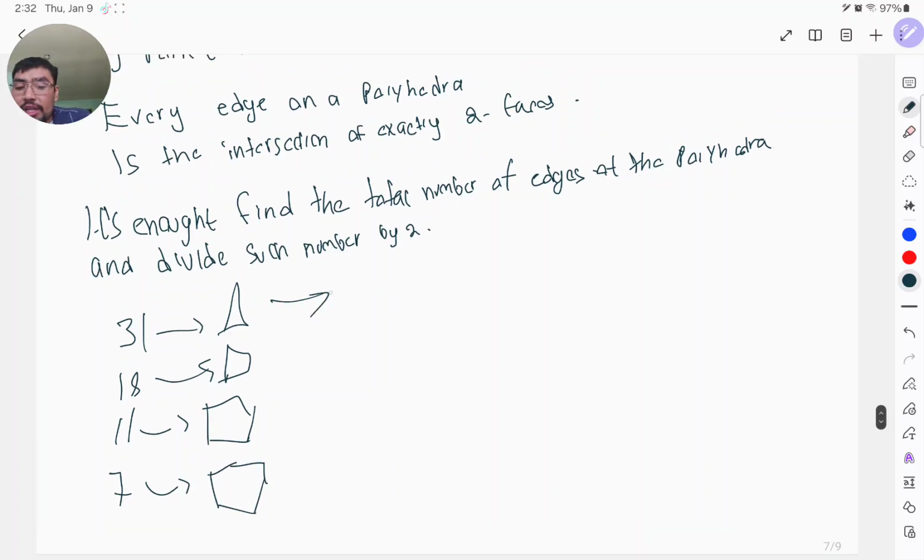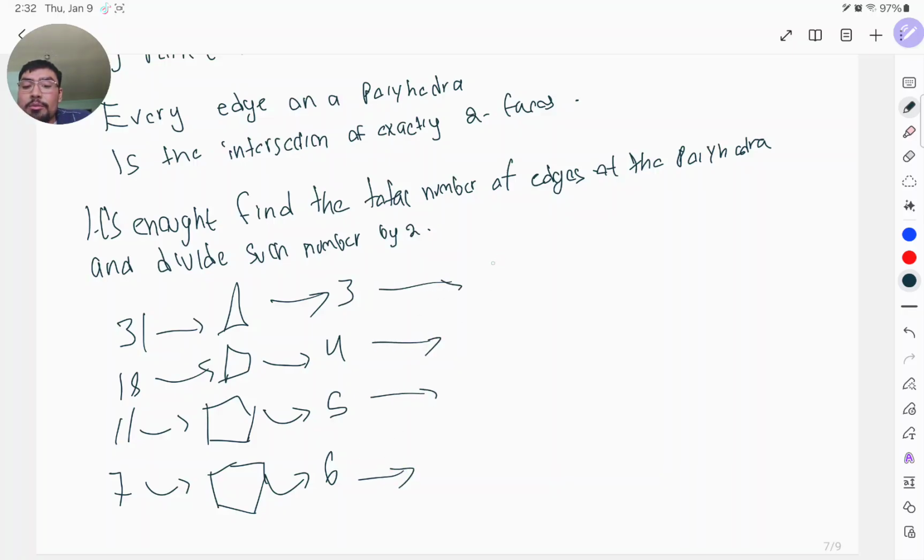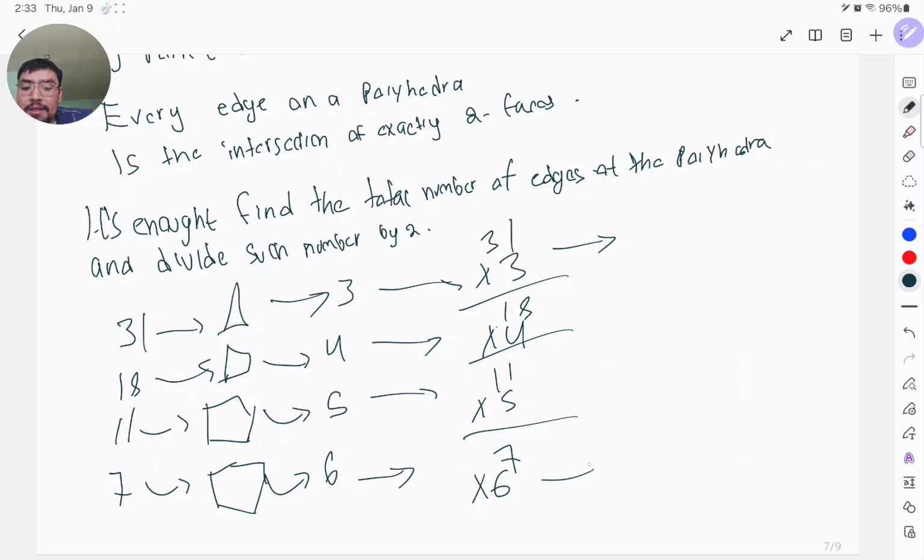So for each triangular face we have 3 edges, for each quadrilateral face we have 4 edges, for each pentagonal face we have 5 edges, and for each hexagonal face we have 6 edges. So the total number is 3 times 31 in the first case, in the second case 4 times 18, 5 times 11, and 6 times 7.